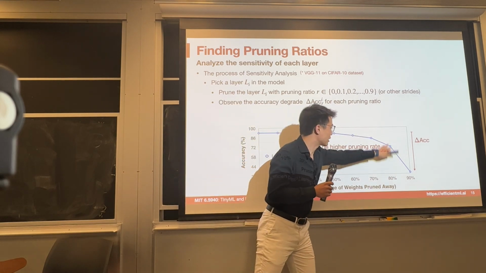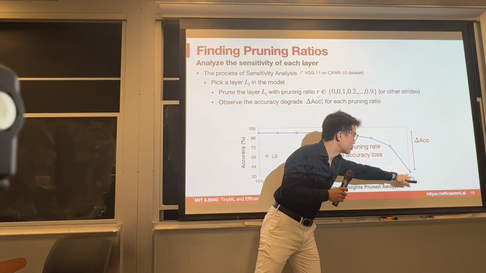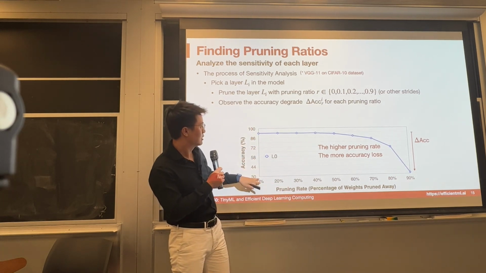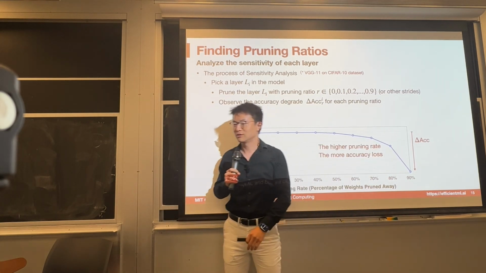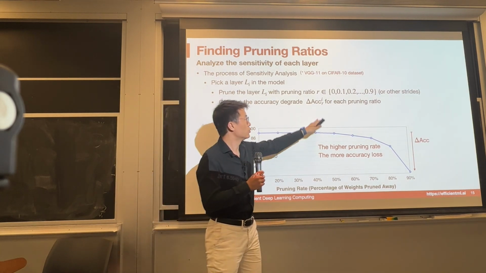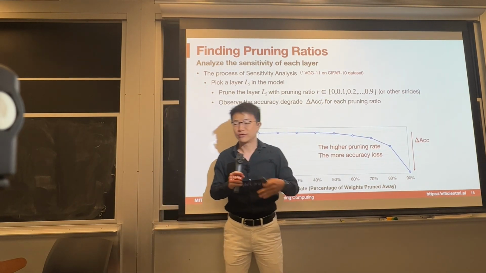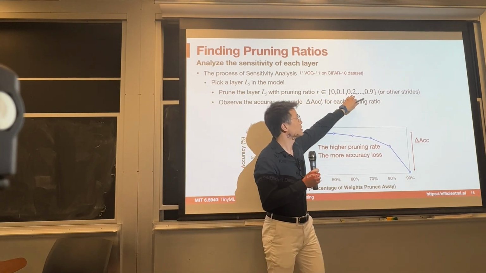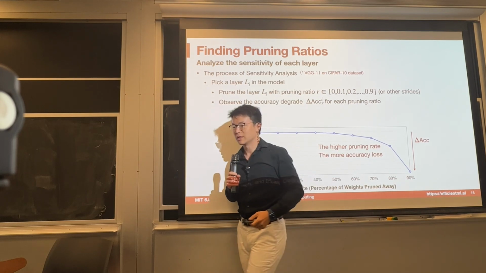By pruning away 90% of the parameters, we lose like 70% of the accuracy. So this is as expected. And in the middle, we have a step size of roughly 10%, from pruning away 10%, 20%, all the way to 90%.